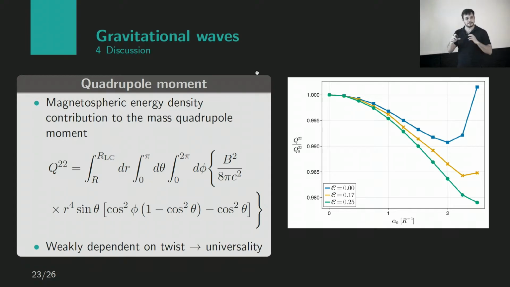If you have some multipolar field close to the star and a high enough field, in principle you could detect this kind of contribution, and this could be complementary information to what we already have from timing properties and electromagnetic contributions.